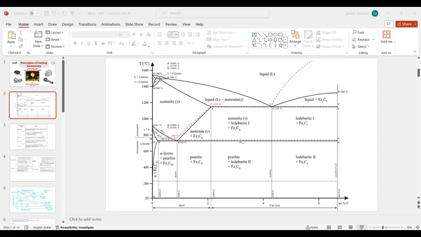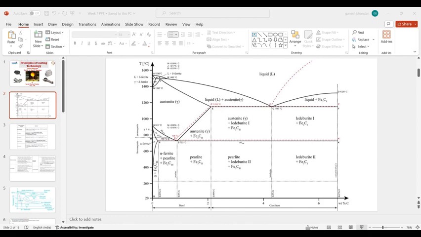For that, first you have to make white cast iron, then you have to anneal it, and you have to provide sufficient time to decompose the cementite into graphite and convert the graphite into nodules, okay. In that case you can get some ductility, because cementite is a more brittle structure compared to graphite.